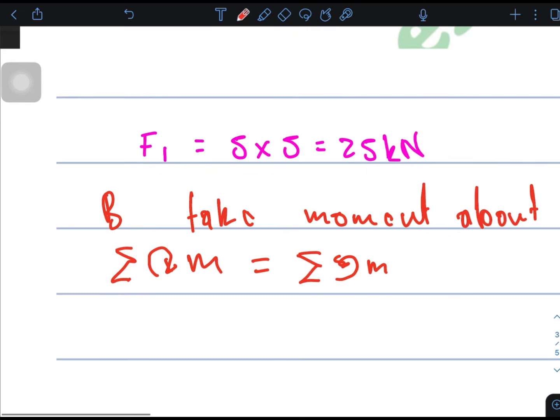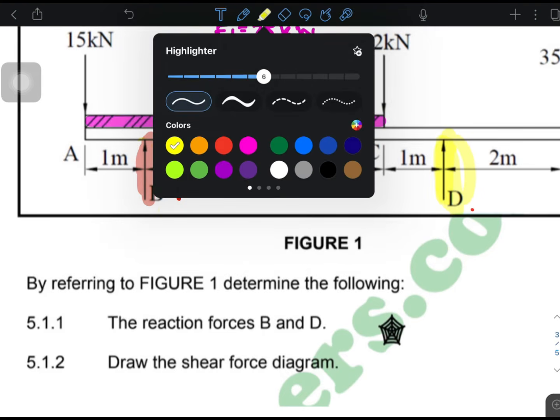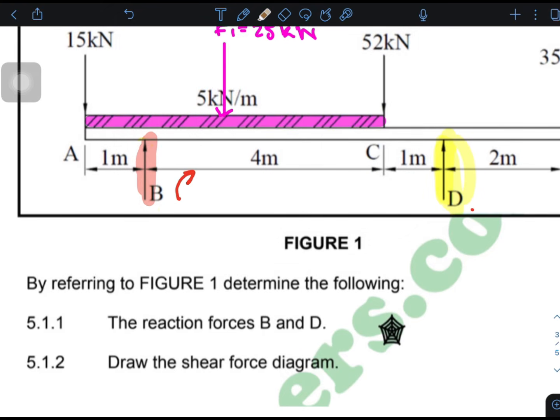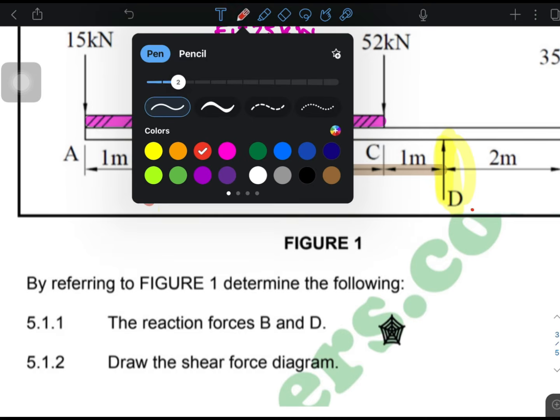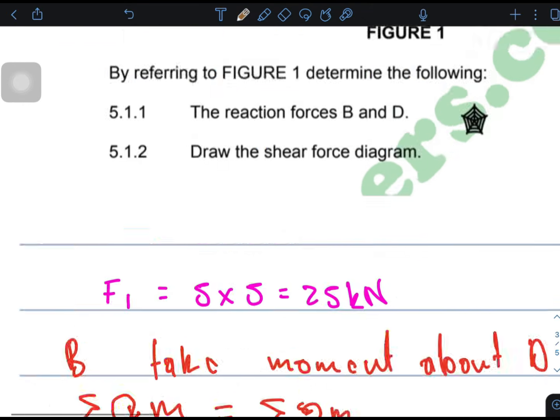So B times, what is the distance? Yeah, well, I'm applying basics. What is the distance from the turning point to the line of action of B? That distance is 5 meters.